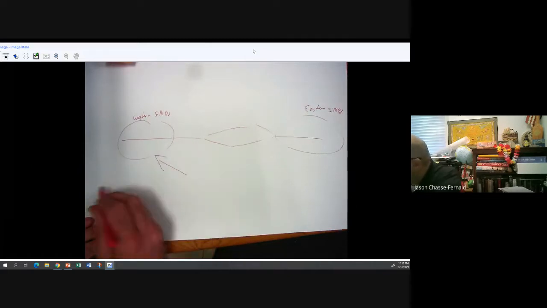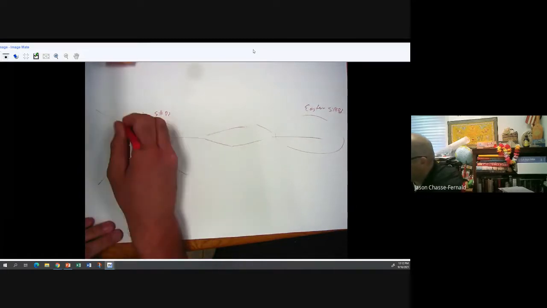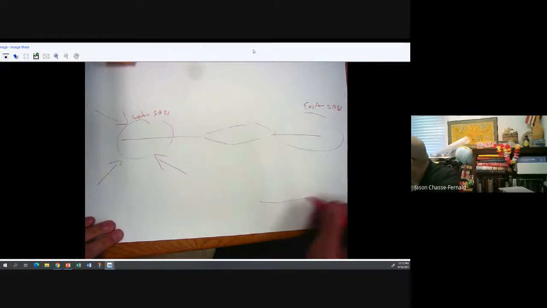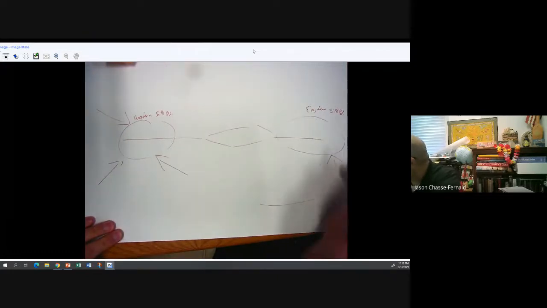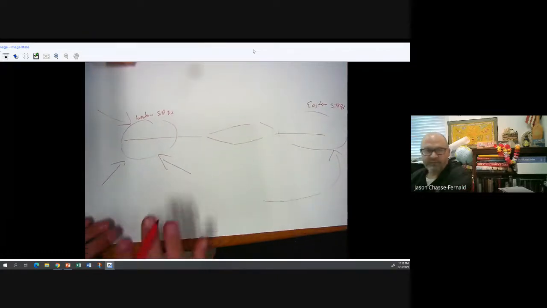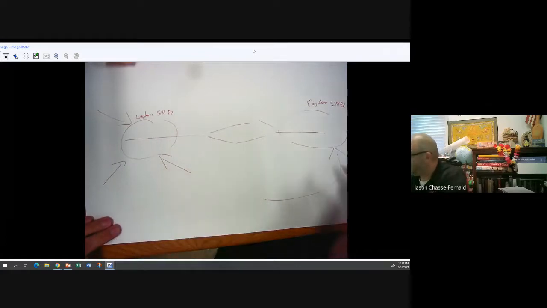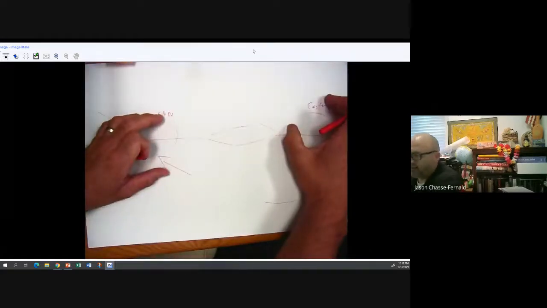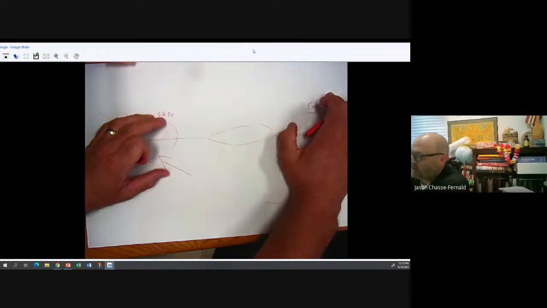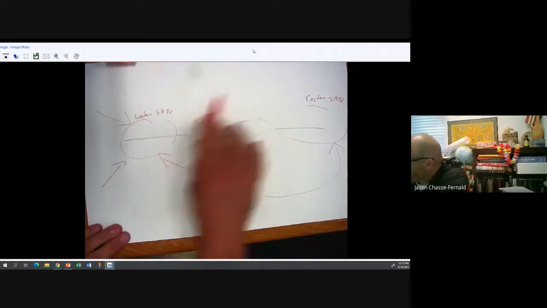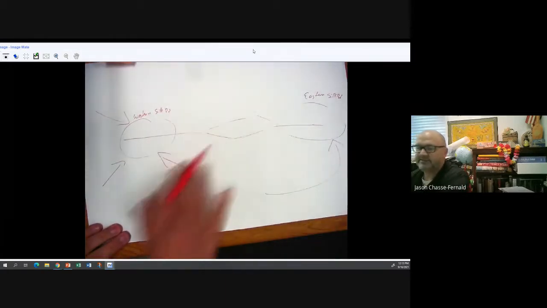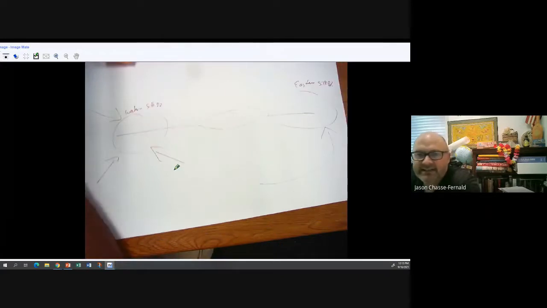Both of these are receiving inputs from different places. So what we're really talking about is two integrated trading regions that are reconnecting here in the center.